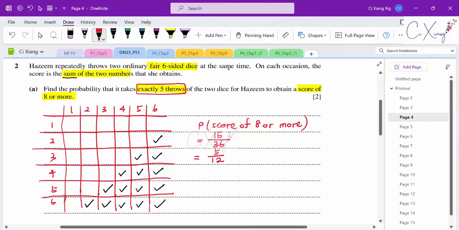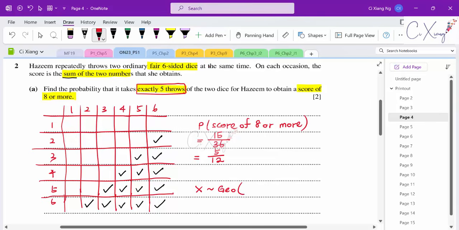So when you have this kind of question, where you repeat the experiment until you get the result that you want, we call it a geometric distribution. Something is done repeatedly until you get the result that you want. So X is geometrically distributed.